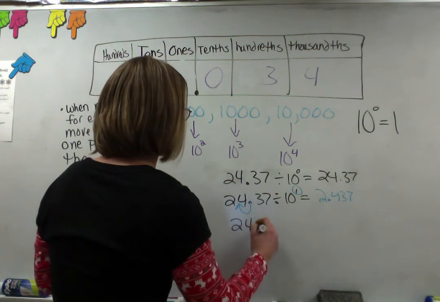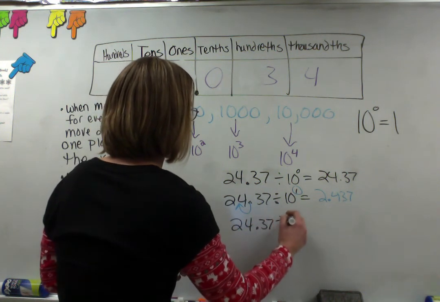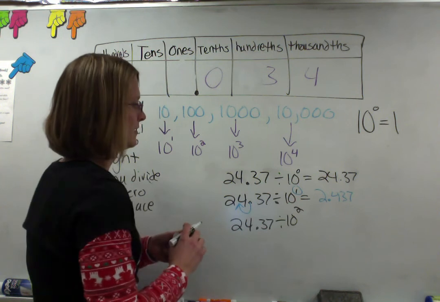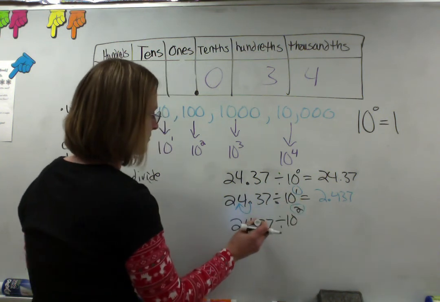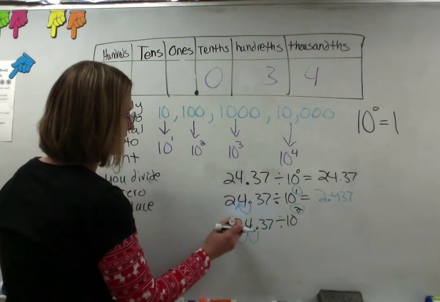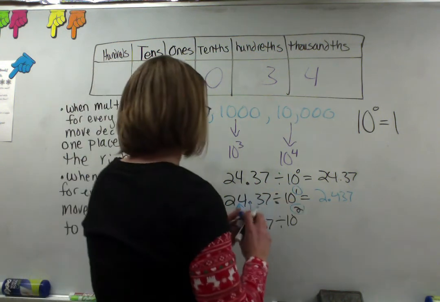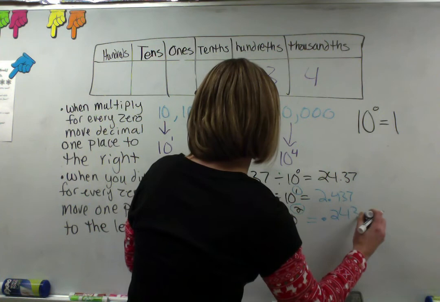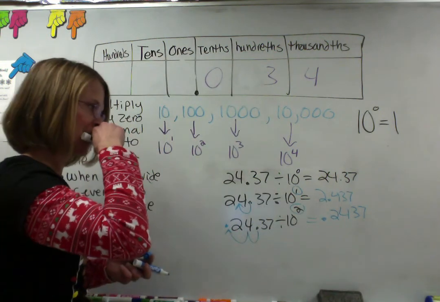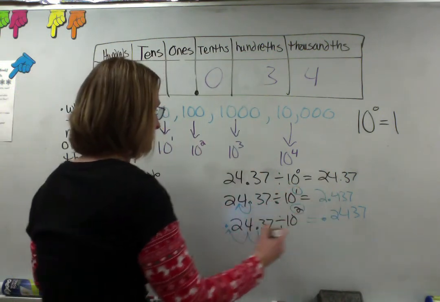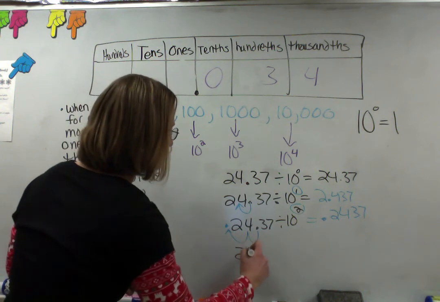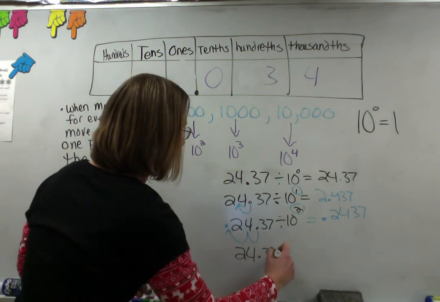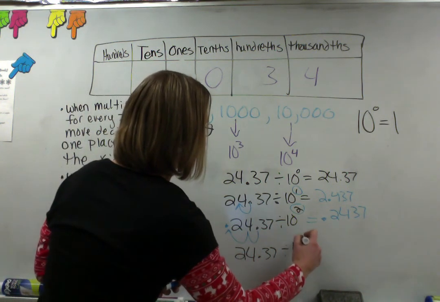If I take 24 and 37 hundredths and I divide it by 10 to the second, that means I have 2 zeros. My decimal is going to move 2 places in this direction. So my answer is going to be 2,437 10,000ths, which is actually smaller than all these other numbers. And then it keeps going. 24 and 37 hundredths divided by 10 to the third.